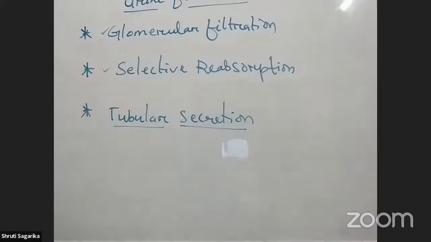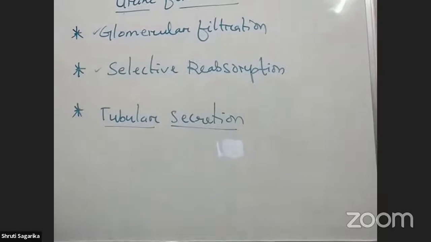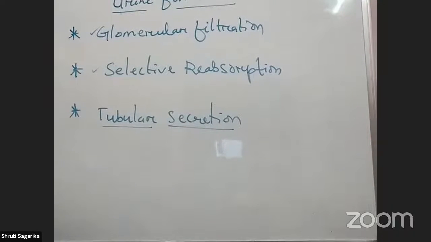So let us first go to glomerular filtration. What do you understand by glomerular filtration? Anybody can answer? The filtration carried out by the glomerulus is called glomerular filtration, right?